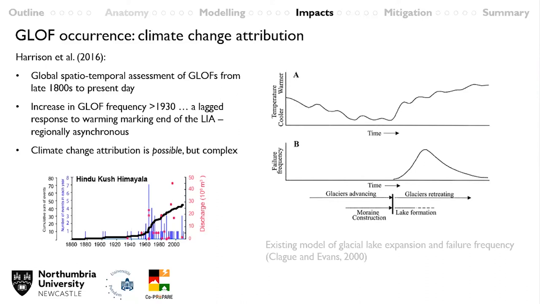We see that as temperatures cool, we don't have really any GLOFs because glaciers are expanding, and glacial lake outburst floods are generally a response to deglaciation. So when we have warming temperatures, if you look at panel B there, the failure frequency of glacial lakes, at least conceptually, increases as well. So perhaps this is something that we're going to see as we move into this century, perhaps towards the end of the century: the increase that we might observe, this peak in failure, as the lag time between when deglaciation occurs and when a GLOF occurs is exhausted.